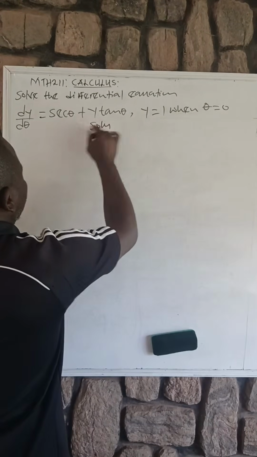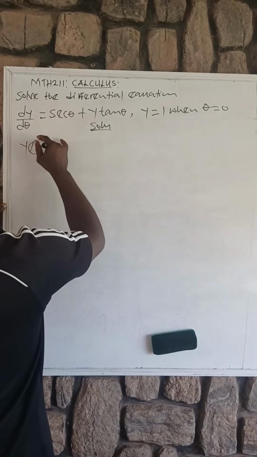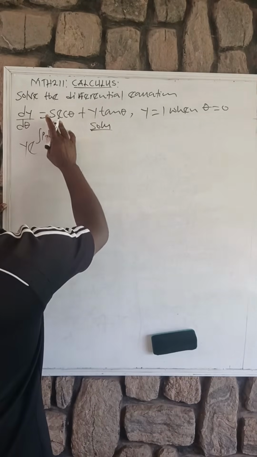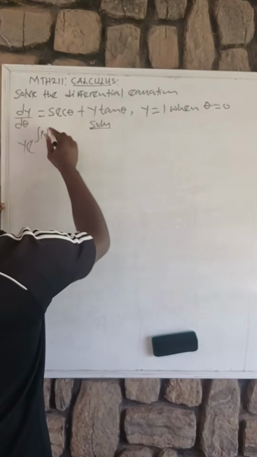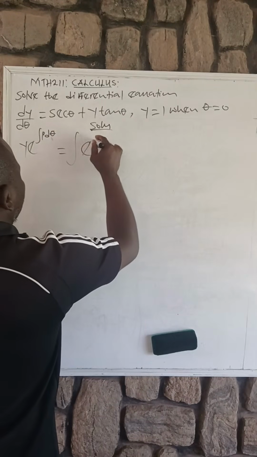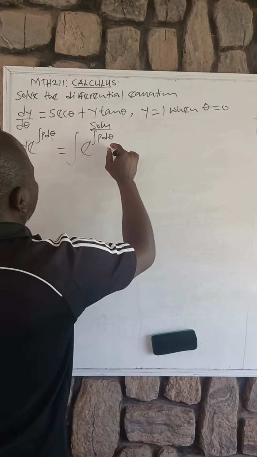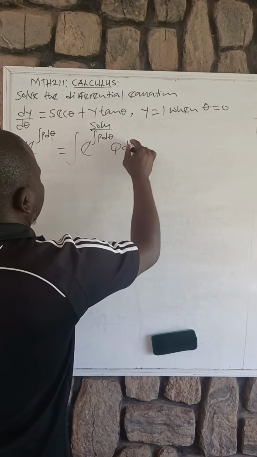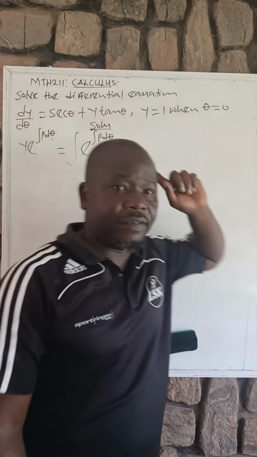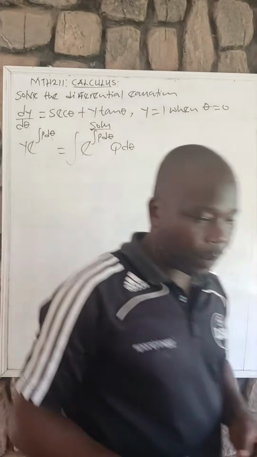At first, you consider the formula y exponential integral P d theta, since there is no x here, the variable now is theta, equals integral exponential P d theta times Q d theta. Since the independent variable is theta, right? So take note. Is that clear?